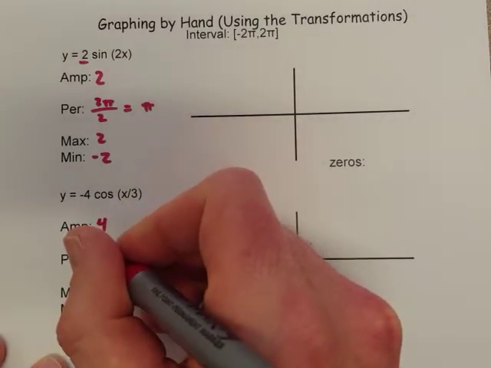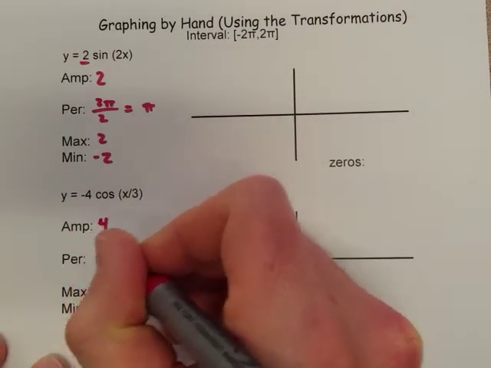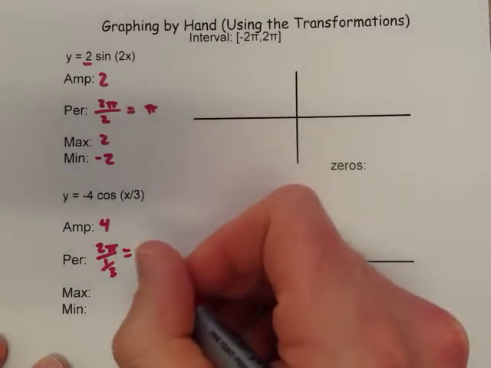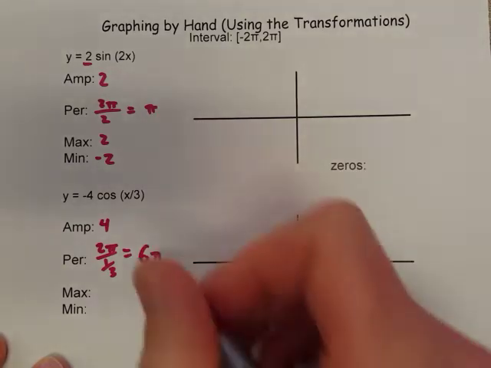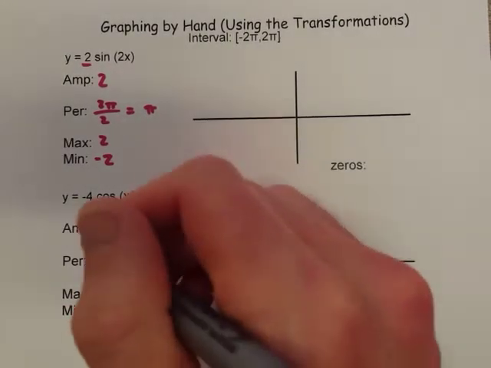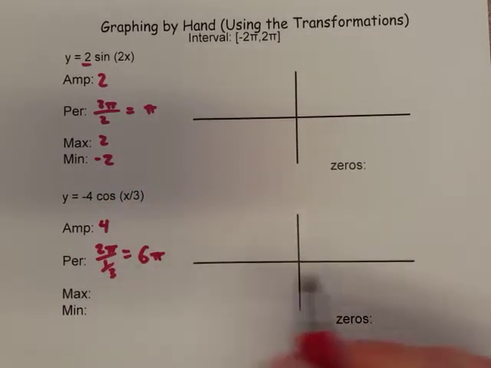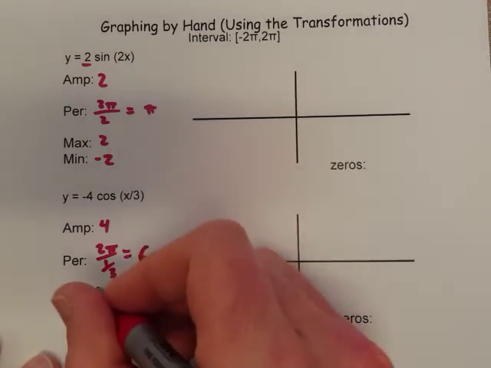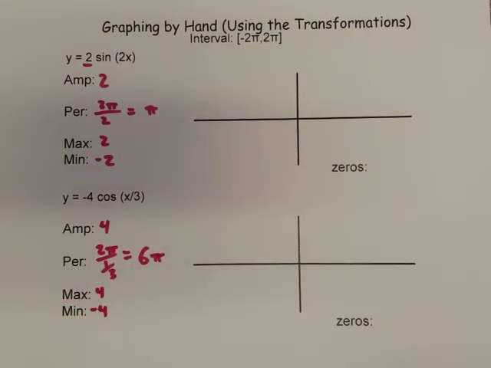So our period in this case is going to be 2 pi divided by 1/3, which will simplify to 6 pi. So be a little careful about that when you divide. When you divide by a fraction, it's multiplying by the reciprocal. All right, min and max. Max is 4, min is -4.